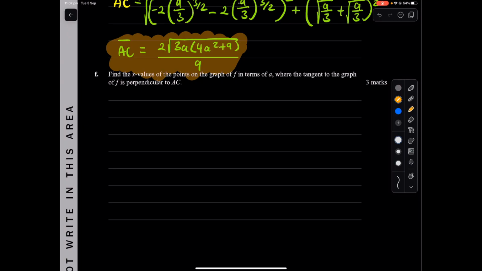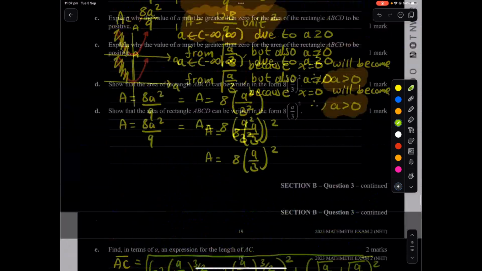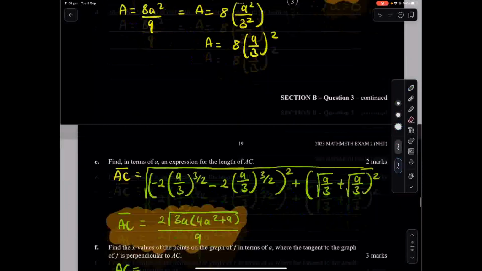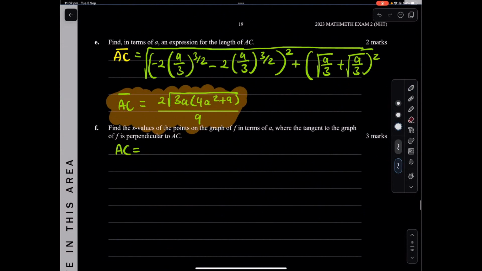The line AC: I know AC is these two points, and we can find the gradient of them, which is easy.